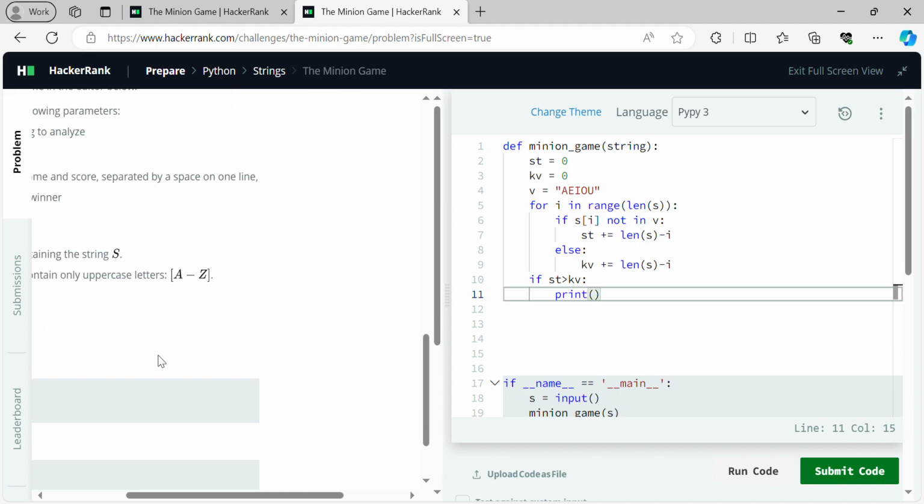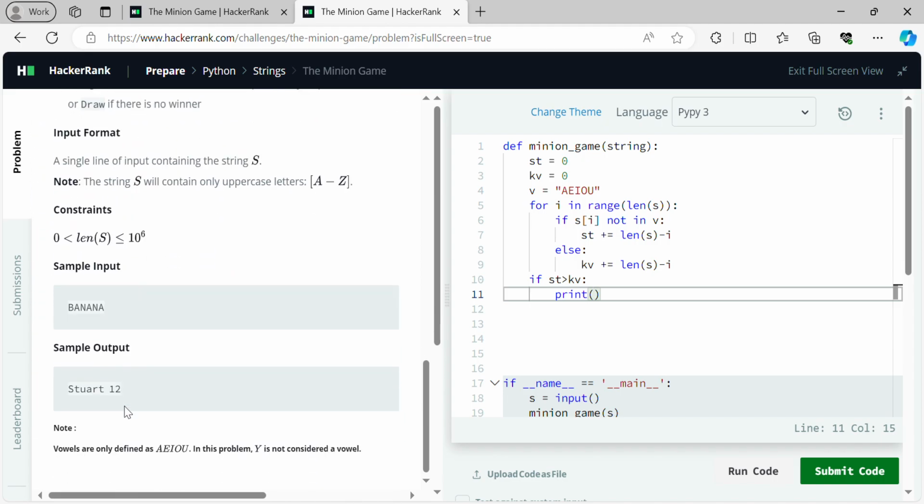After getting the output, if st greater than kv: st means stored, right? I am just imagining st as stored, so I am using st for stored only.